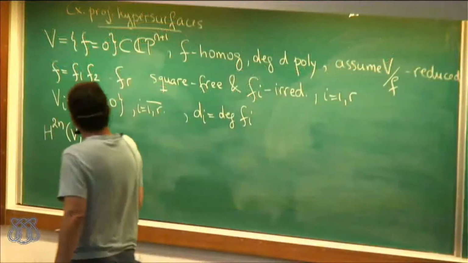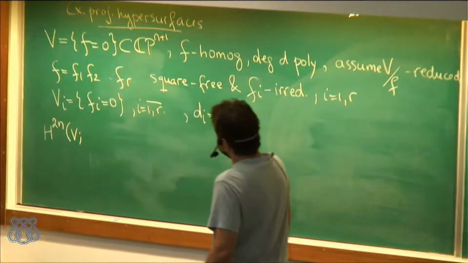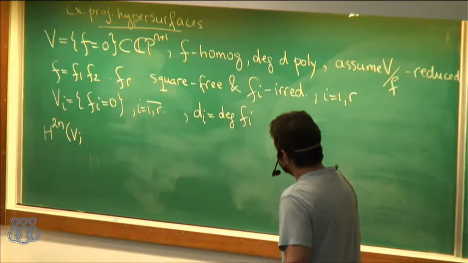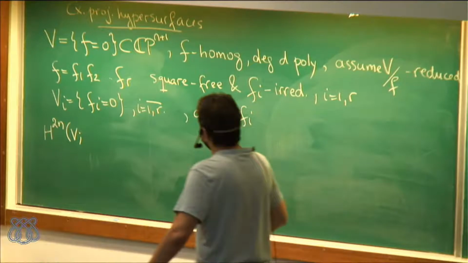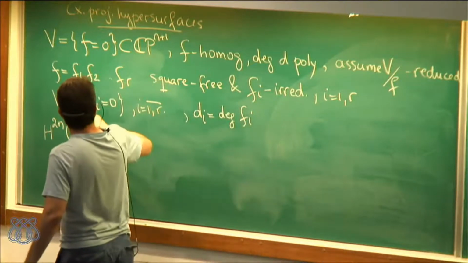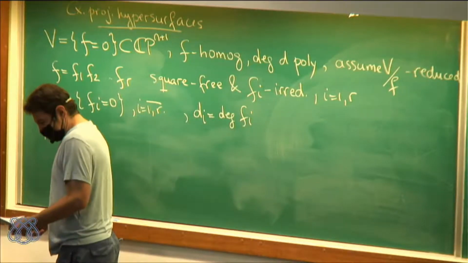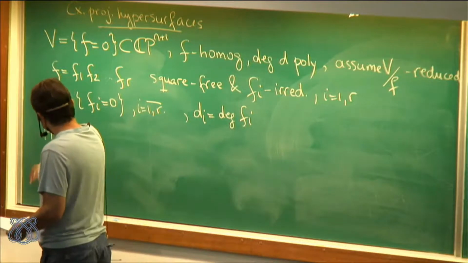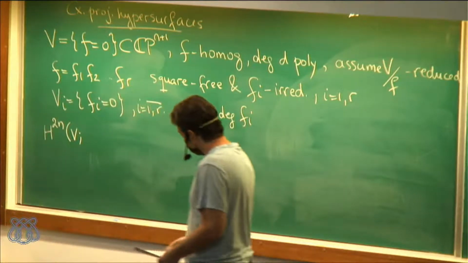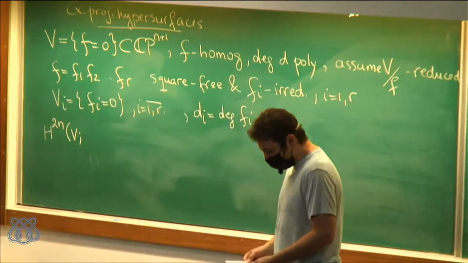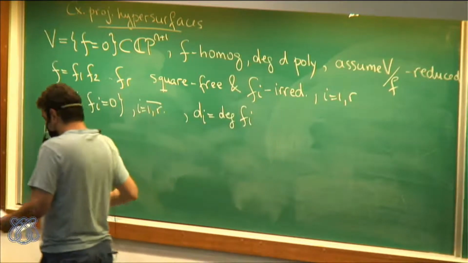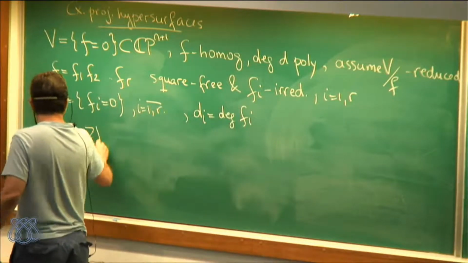As a topological space, this V has real dimension 2n. Or as a CW complex, its homology and cohomology are concentrated between 0 and 2n. Let's look at the top one, with Z coefficients.